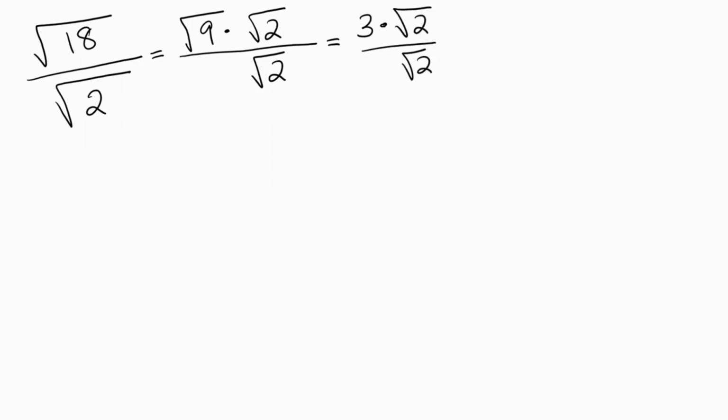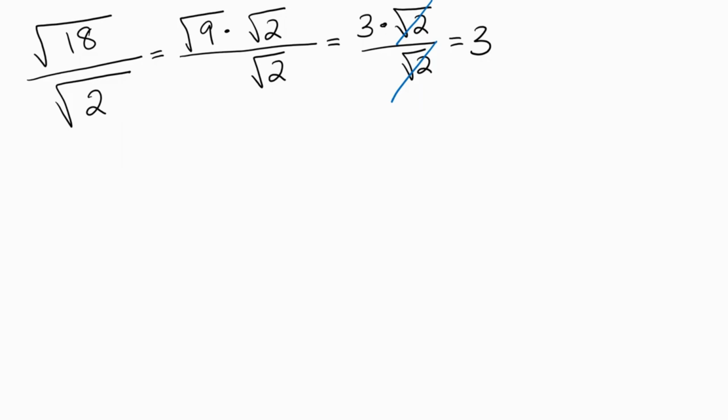And because I have square root of 2 on both the denominator and the numerator, and they are the same value and multiplying, I can cross it off, which leaves me with just 3. So that's what I'm looking for. So all I'm trying to do is simplify it.